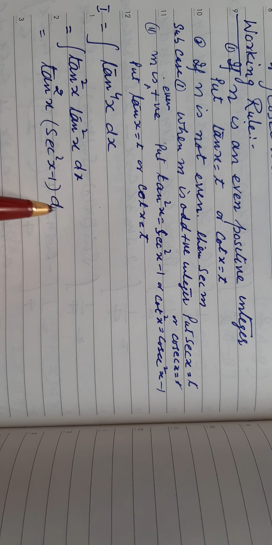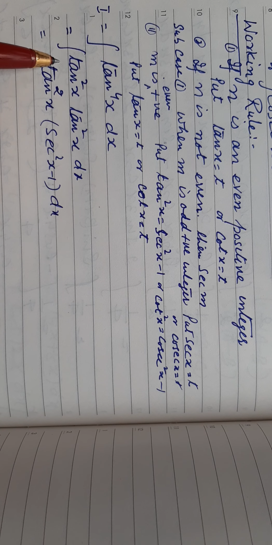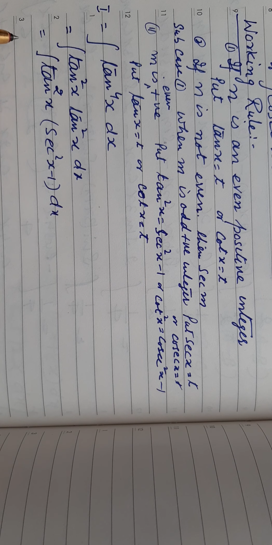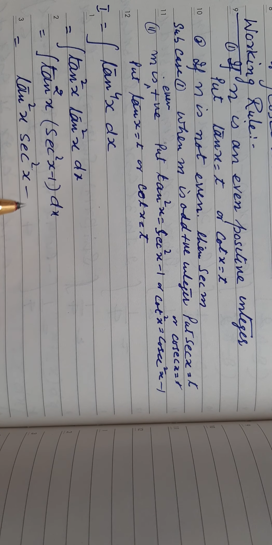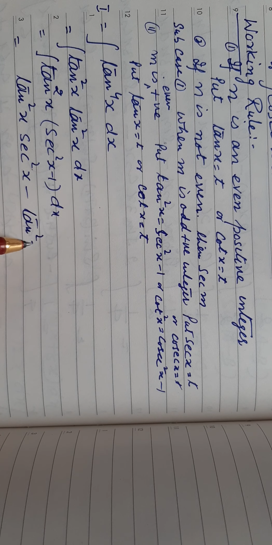Always remember this thing when m is an even positive integer. Tan square x, multiply them, secant square x minus tan square x.